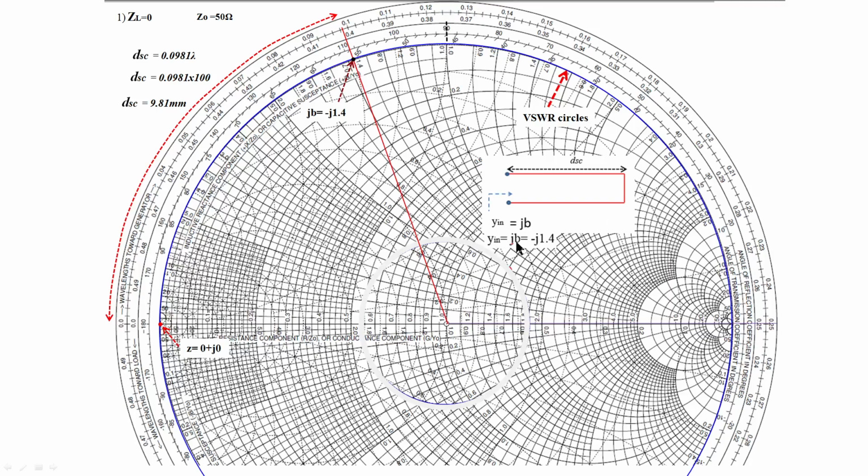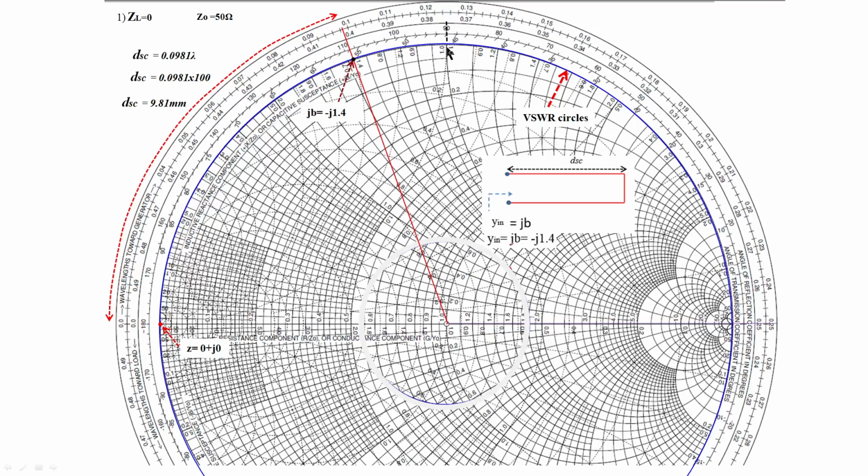Instead of susceptance, if I want a reactance, which may be negative or positive, you can implement any value. For a short circuit stub, you start from here and go on moving like this. Wherever your required reactance value is there, you stop.